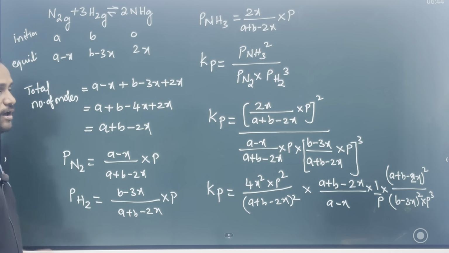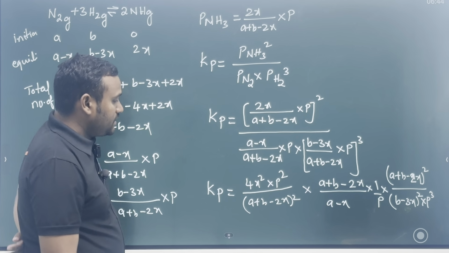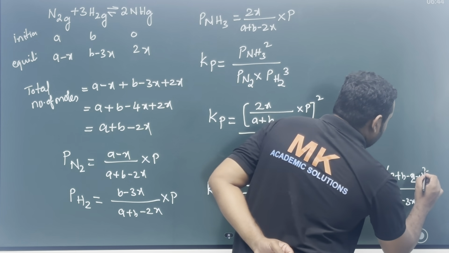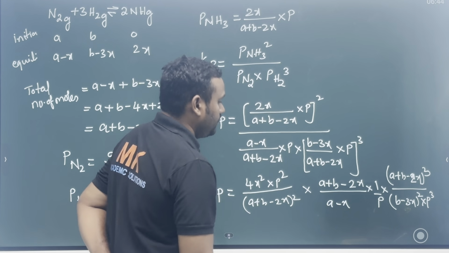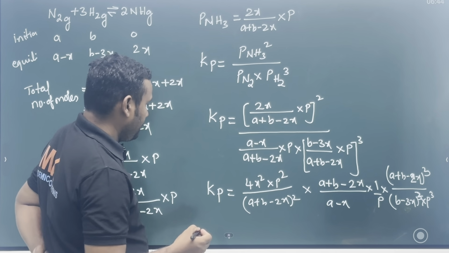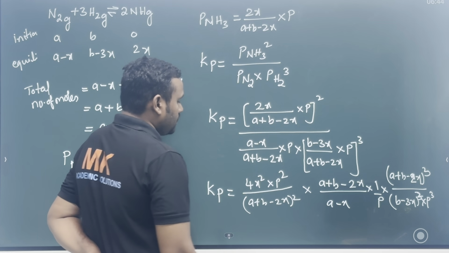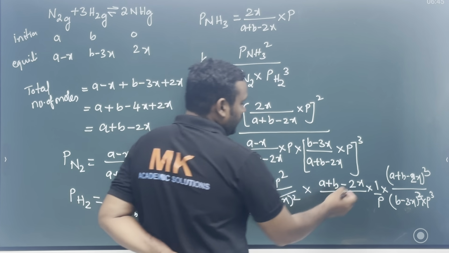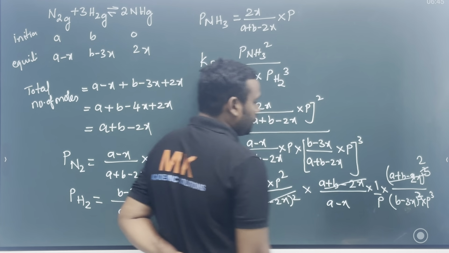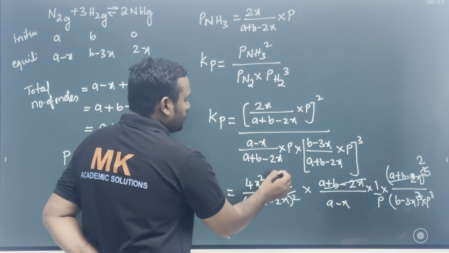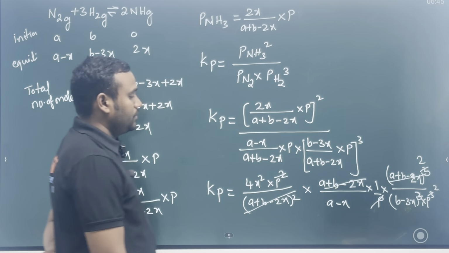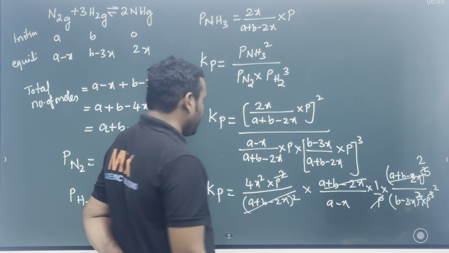Okay, this is the formula you will get. Now, A plus B, cube, not square here, cube. Here also cube, sorry. Now A plus B minus 2x whole square, this cube will become square, and P square you will get here.